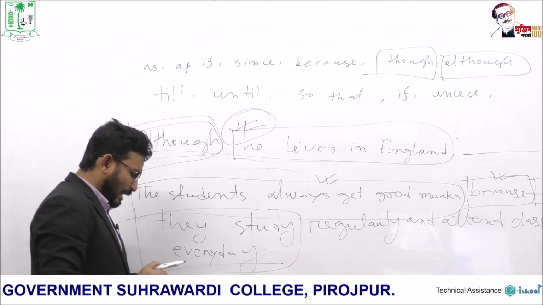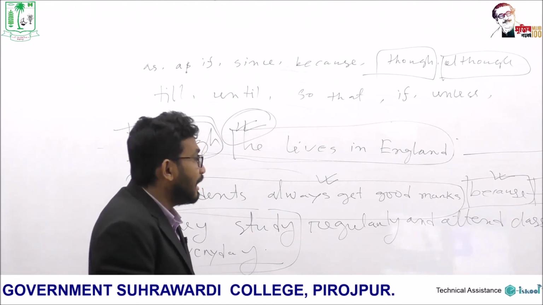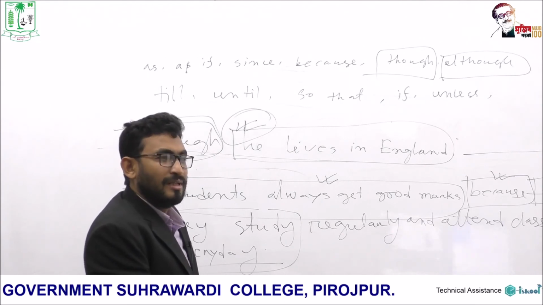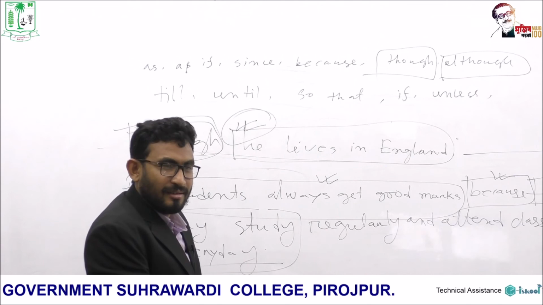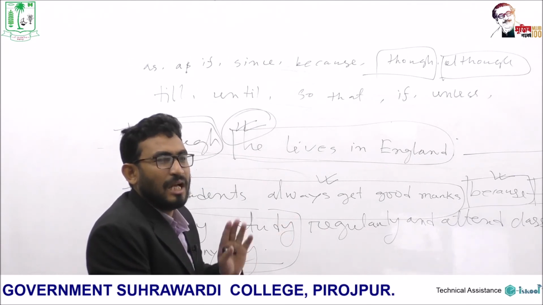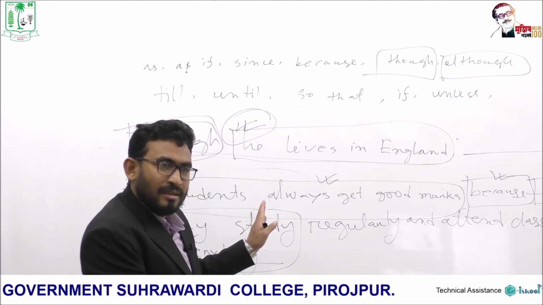So what have we understood? We have understood that in writing sentences, we have to be very careful. That is, the clause given and the conjunction given in the incomplete sentence are very important. So first we have to look at the part of the sentence given in the question.